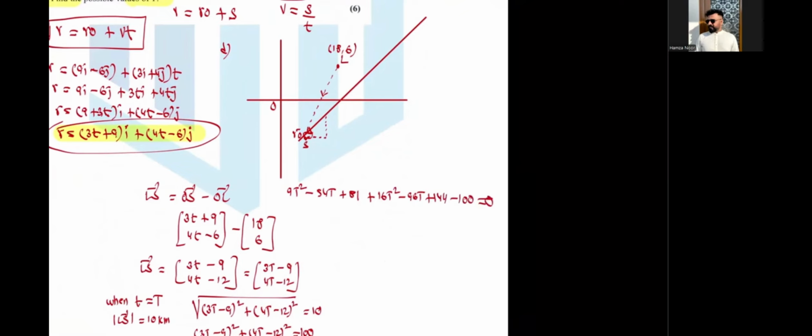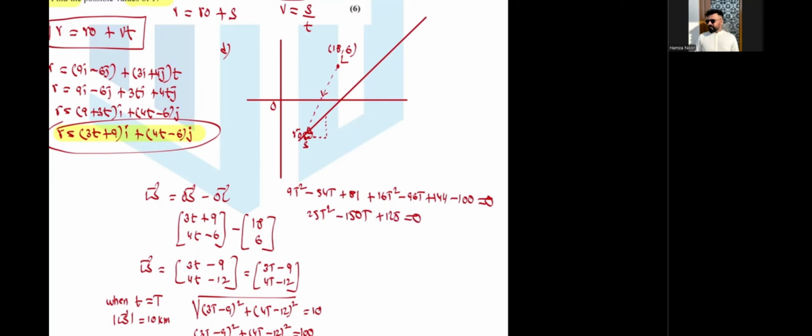Now we simplify the terms. 9 plus 16 is 25, so 25T squared, and then minus 54 minus 96 is minus 150, so minus 150T, and 81 plus 144 minus 100 is 125, so plus 125, and this whole thing is equal to 0.